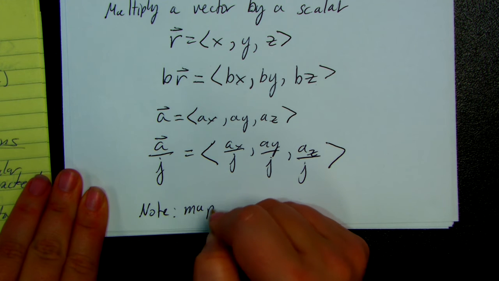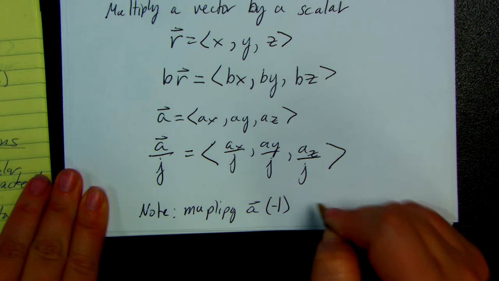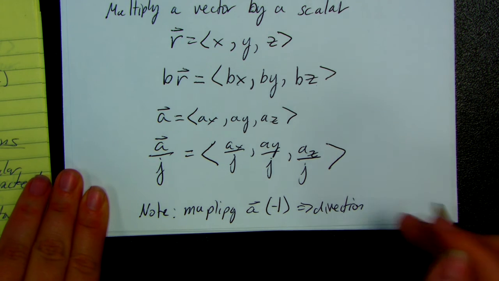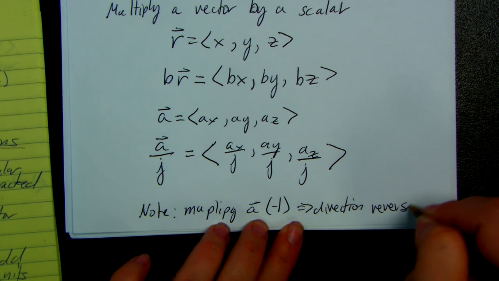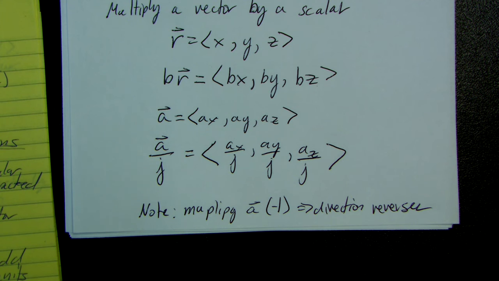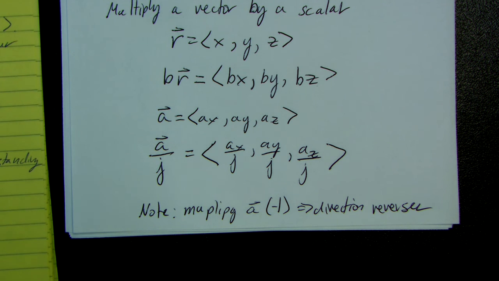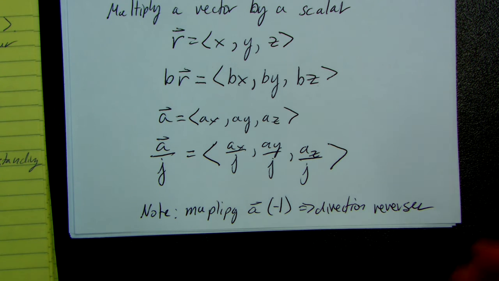Pretty simple. Note if you multiply a vector by -1, you pull that minus sign all the way throughout the vector. Always.